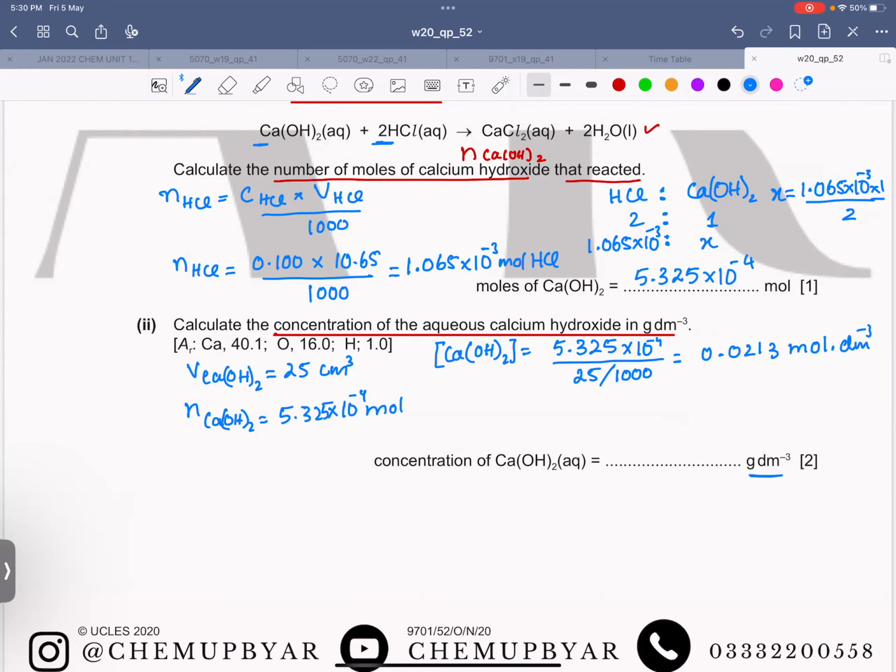Now, to turn into a gram per dm cube, I have to multiply this moles per dm cube by the MR of calcium hydroxide. So MR of calcium hydroxide would be 40.1 plus there are 2 hydroxide ions, so 2 oxygens makes it 32 and 2 hydrogens makes it 2. So can anybody solve and tell me the answer, please.